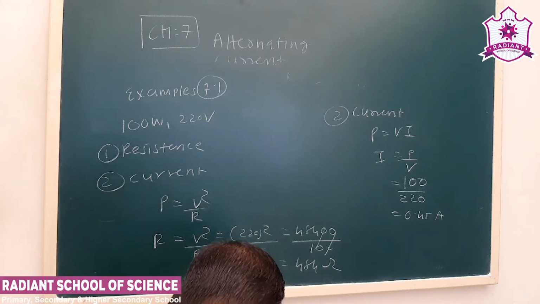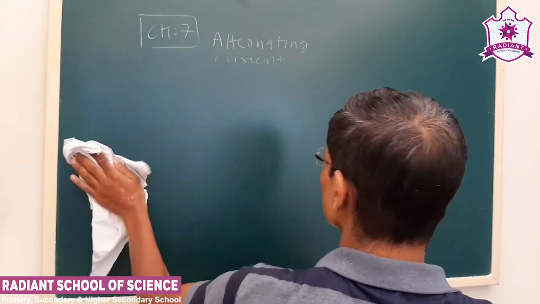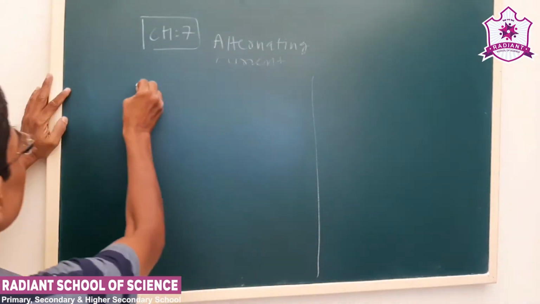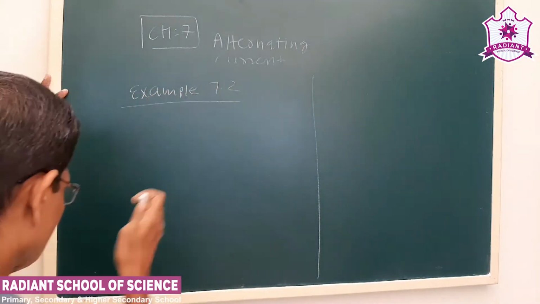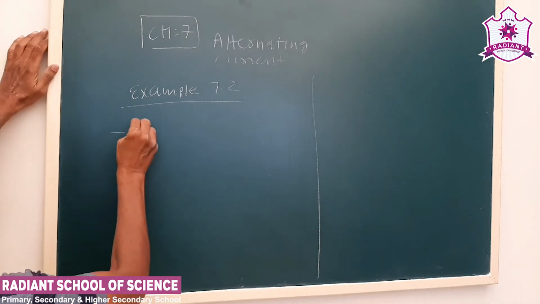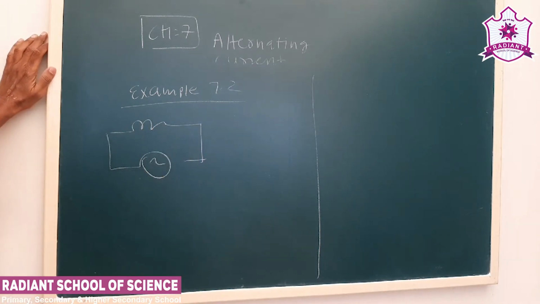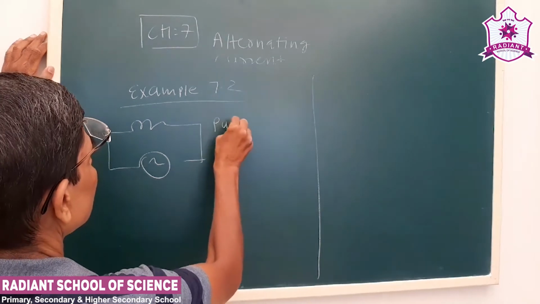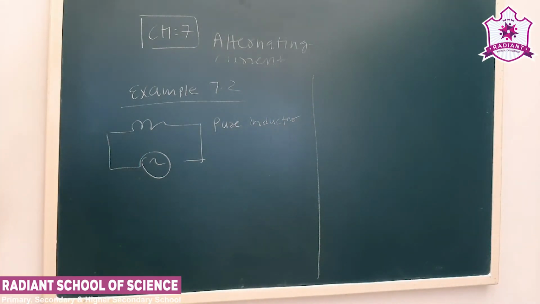Now next is example number 7.2. Now see here, the circuit with only an inductor, a pure inductor, so that is an ideal inductor.